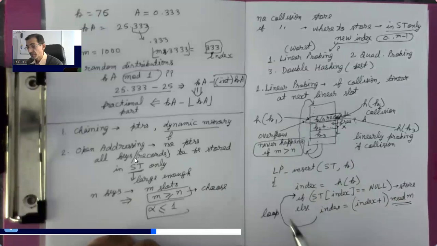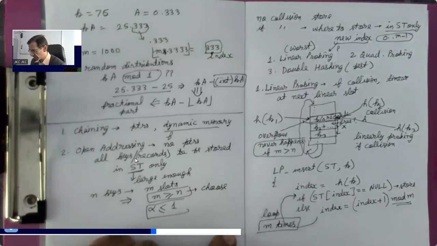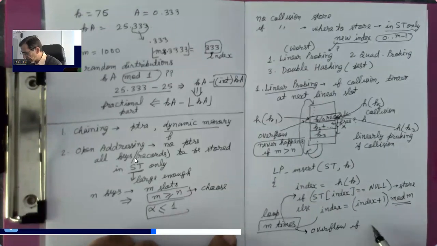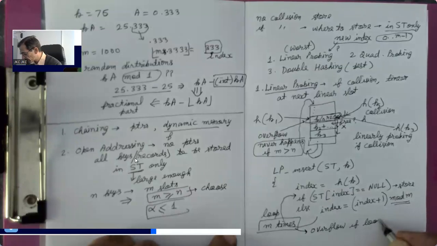Loop this. How many times should I loop? Till I get a space or till overflow happens. Effectively, it will mean M times at most, which is guaranteed. If M times also I am not getting the space, then overflow will happen, if the loop is exhausted.